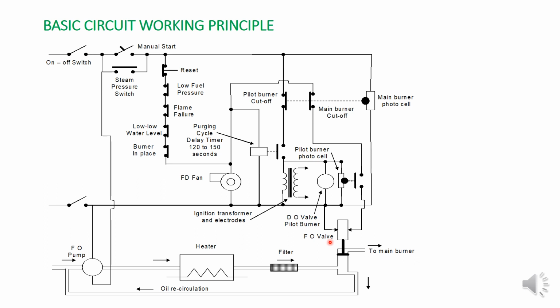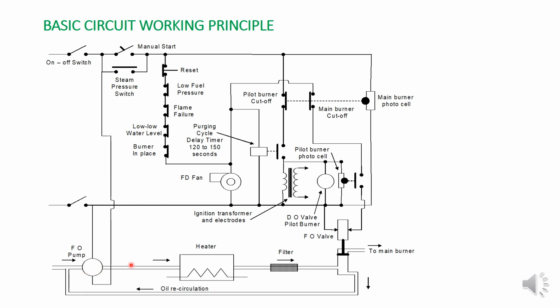Now, before starting the boiler and the FD fan, you have to start the fuel oil pump. When the fuel oil pump is started, the fuel is in recirculating mode, heating the fuel, filtering the fuel, and the fuel will transfer here. This recirculation process happens continuously.